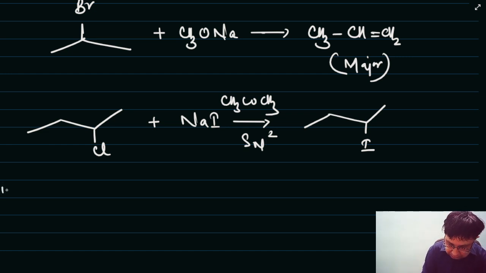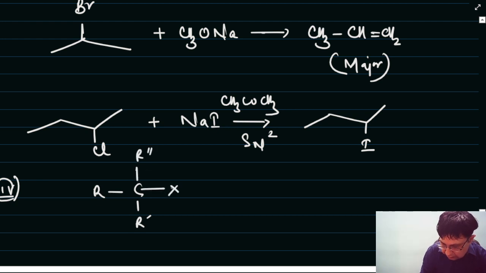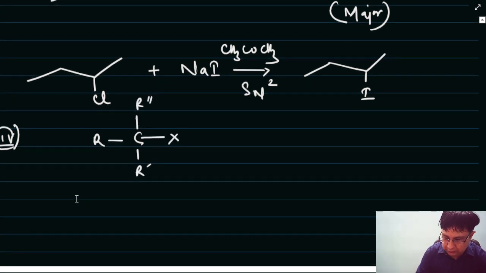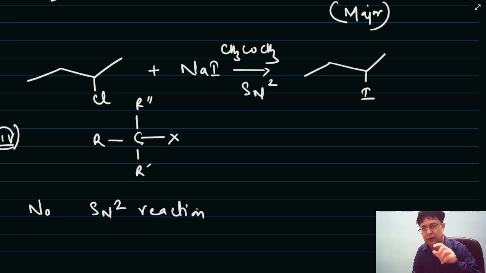Now comes the point related to the tertiary alkyl halide, which has the formula like this. There are 3 alkyl groups present over here. The first thing that we should remember is there is no SN2 reaction that is going to take place, because SN2 will not occur if there is a hindrance.